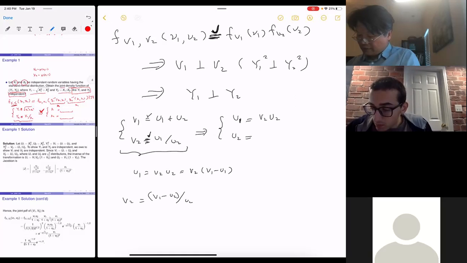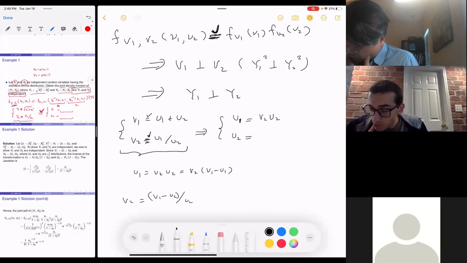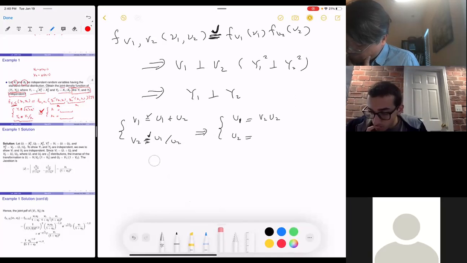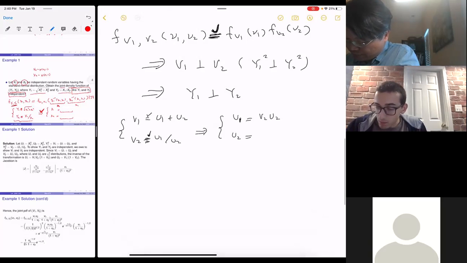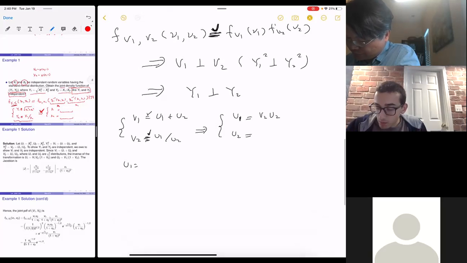So then, let me take out everything right here, to make things more clear. So I like V2, U1 equals V2 times U2.